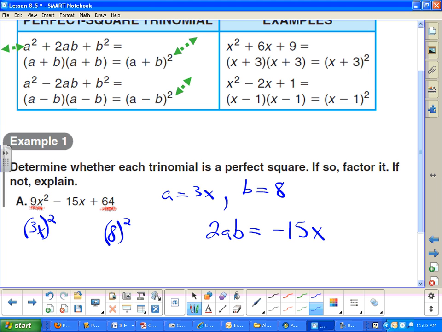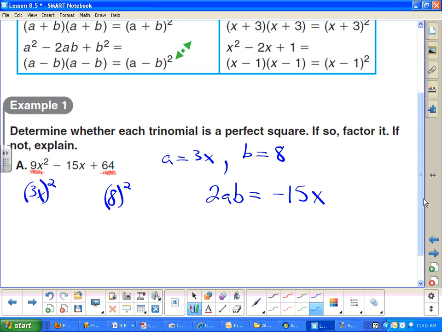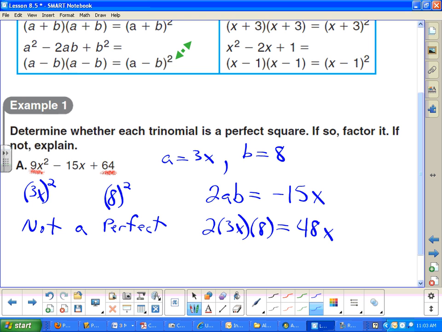So when we do 2 times 3x times 8, let's see, 6 times 8 is 48, right? So this should be 48x. Is that equal to negative 15? No. Okay, so this is not a perfect square trinomial.